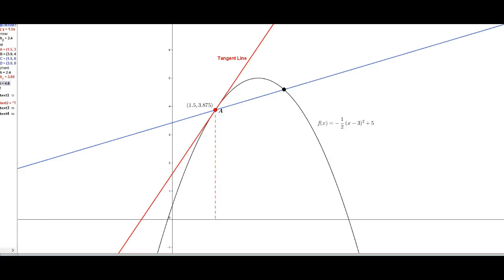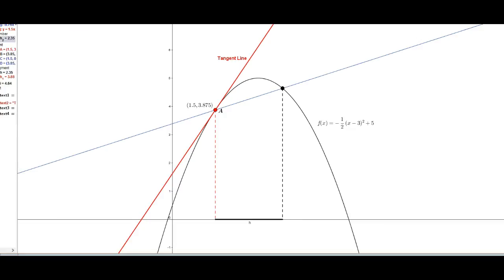Now what I do know is that if I look at the distance between the first x value and the new point that I took, in this case it looks like it's h units apart. Since that line isn't exactly what we want, we are going to allow the distance h to shrink down to 0.